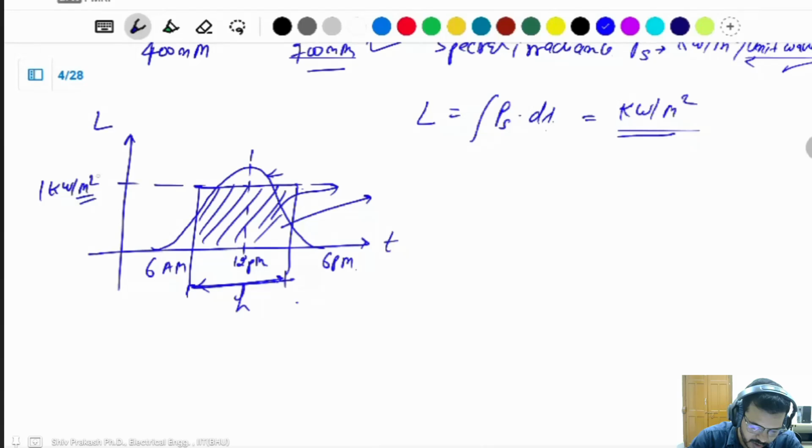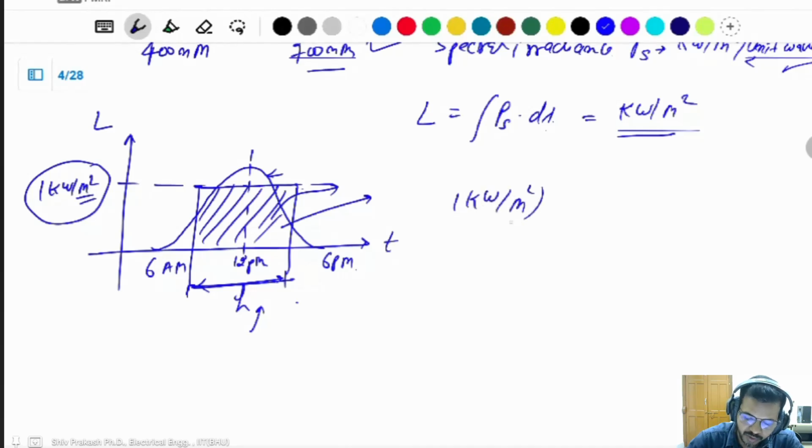If this is 1 kilowatt per meter square multiplied by h hours, then you can calculate the total energy, 1 kilowatt per meter square into h. It will be the total energy, like 1 kilowatt h. I have written it as the maximum h kilowatt hour per meter square, some value h.